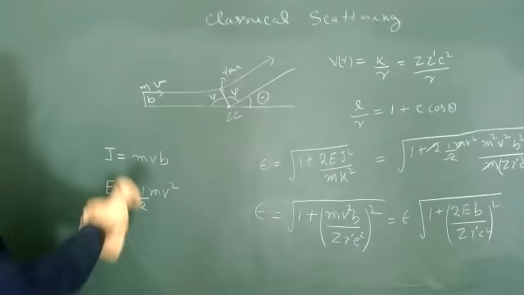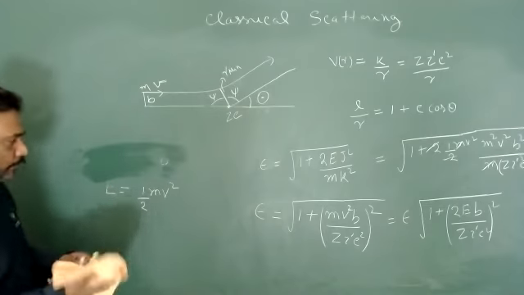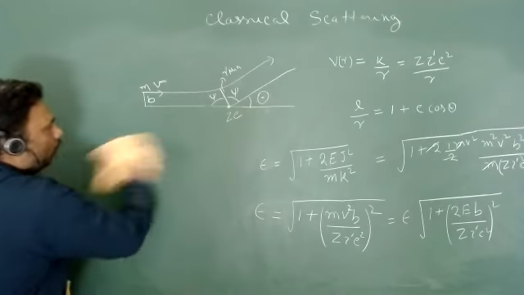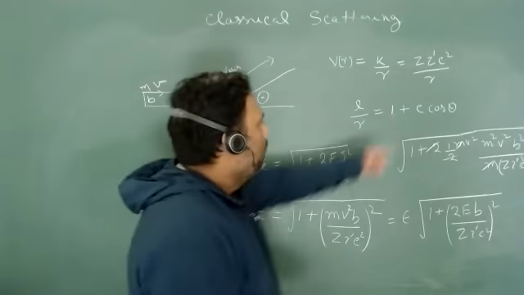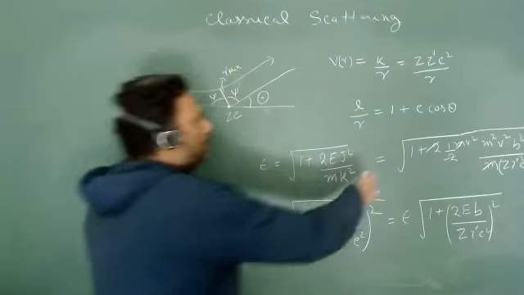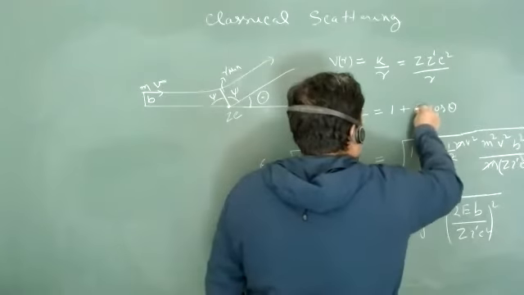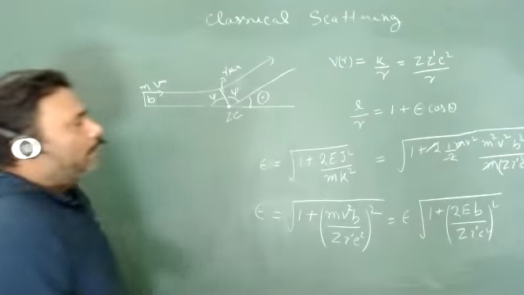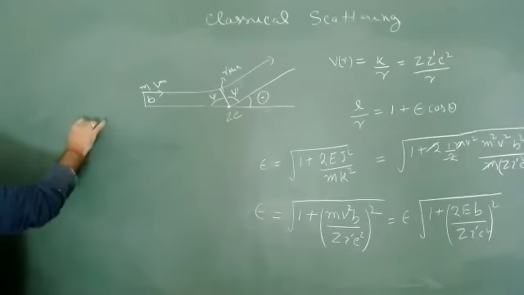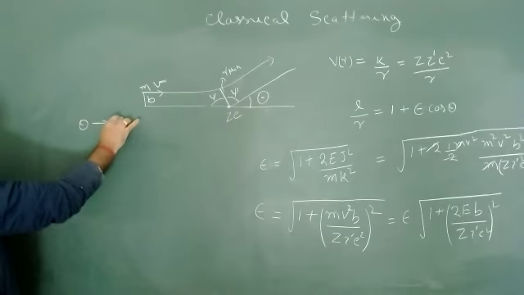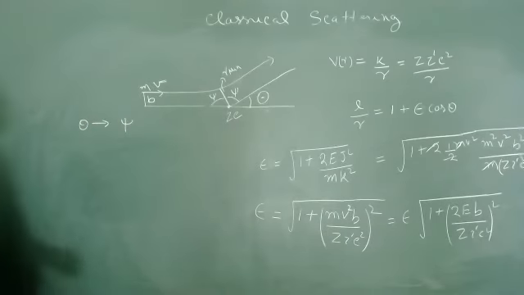Now look at this particular equation. This equation is very interesting, and I am writing this as epsilon because e is the charge of the particle. Now look at what will happen when theta tends to psi.